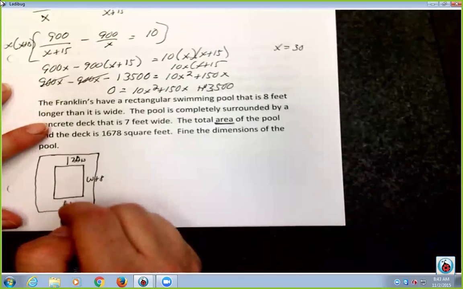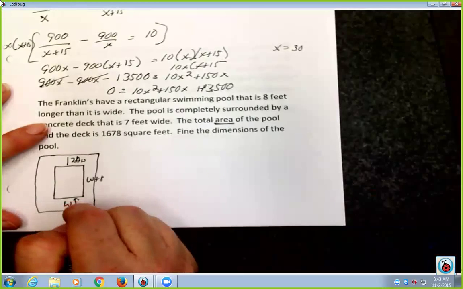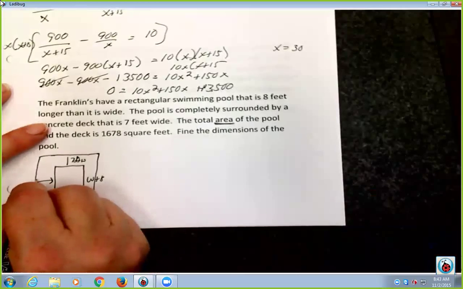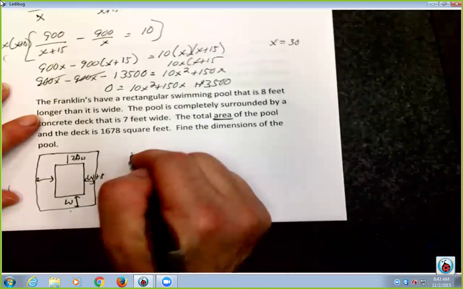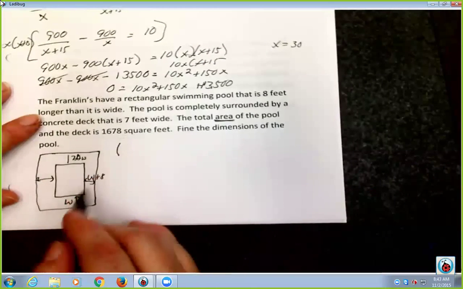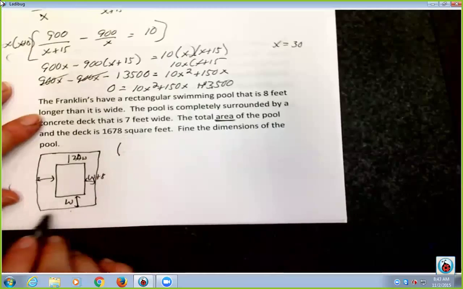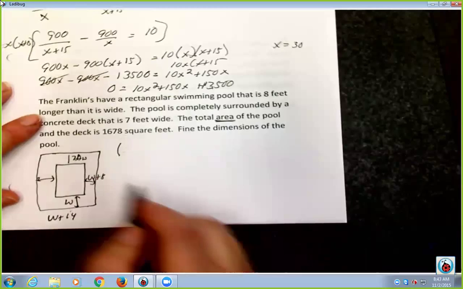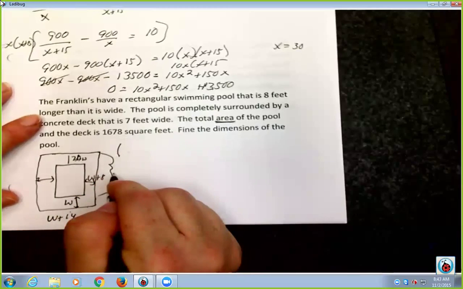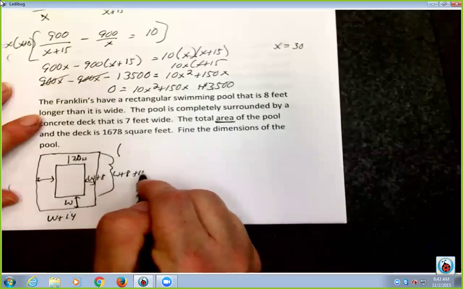So what does this 7 do? Well, that 7 adds 7 feet in both of these directions, or actually 14 feet to what you have. So our width down here is W plus 14, and our length is W plus 8 plus 14.